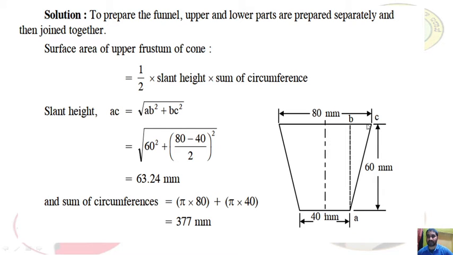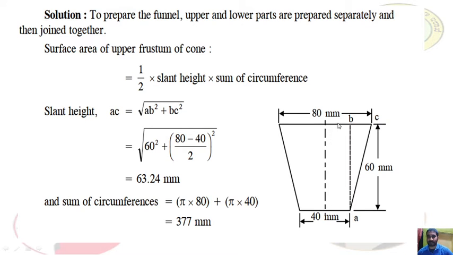We use the formula hypotenuse square equals opposite square plus adjacent square. We know the opposite dimension BA is 60 mm, and we need to find the BC length.